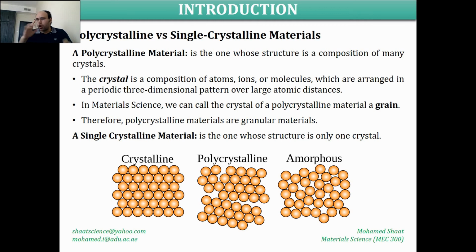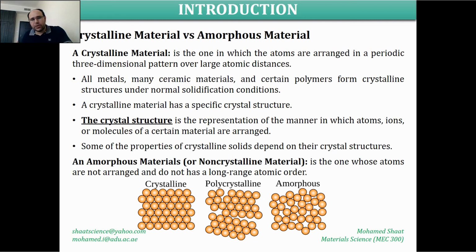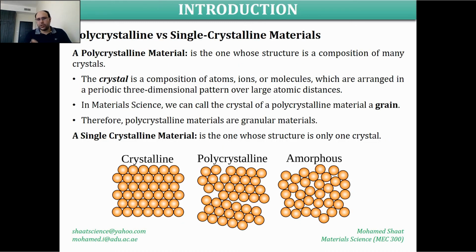It depends on the material. We do have some polycrystalline materials where each crystal will have its own crystal structure. Remember, what is the definition of the crystal structure? It is the representation of the manner in which atoms, ions, or molecules are arranged. So if you change the periodic three-dimensional structure, you're already changing the crystal structure.